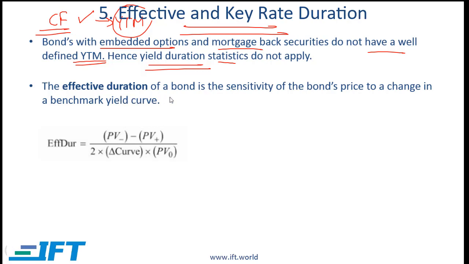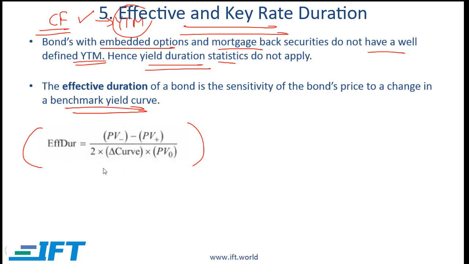The effective duration of a bond is the sensitivity of the bond's price to a change in a benchmark yield curve. So if our benchmark is the government yield curve, then effective duration is measuring the change in value of a given bond when there is a change in the benchmark yield curve.